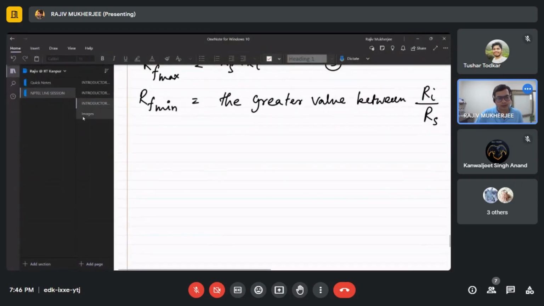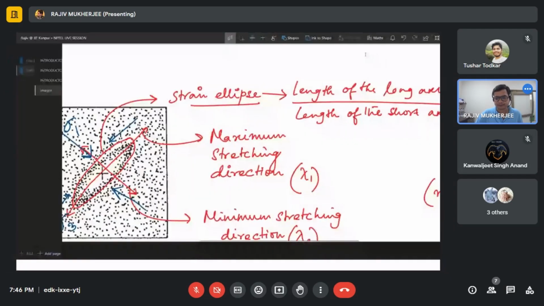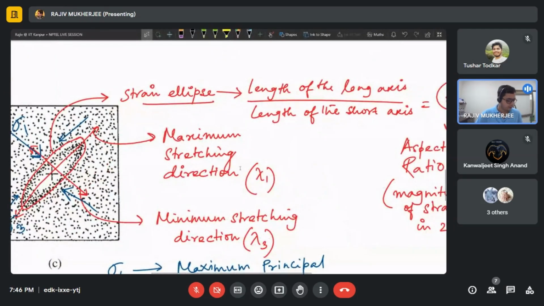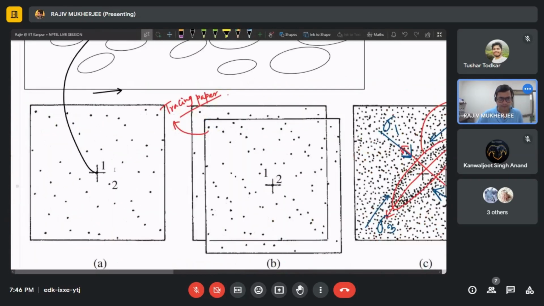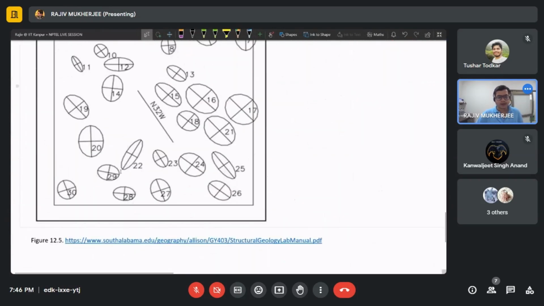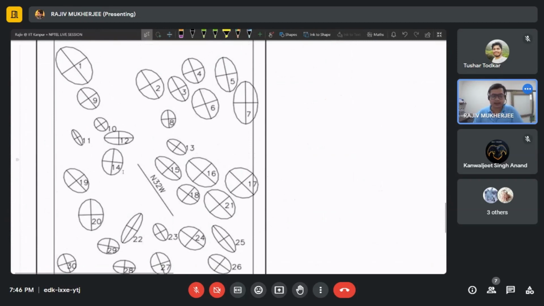So consider this image. There are several elliptical objects. These are different pebbles which are deformed, and all these ellipses are marked. I took it from the internet. The task is to capture the image where you are trying to perform this strain analysis.